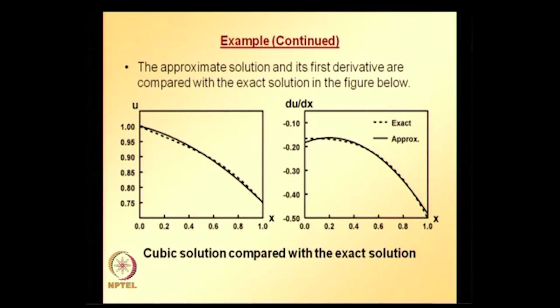Okay, so now we will repeat this problem with a 4th order polynomial, or quartic trial solution. Again, the story is the same: you start out with some polynomial.